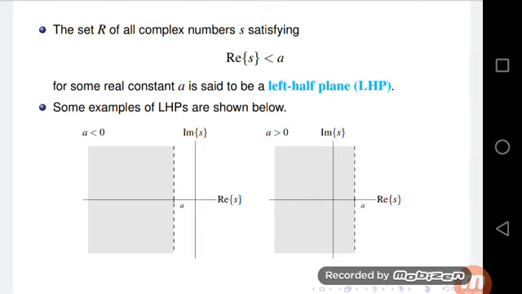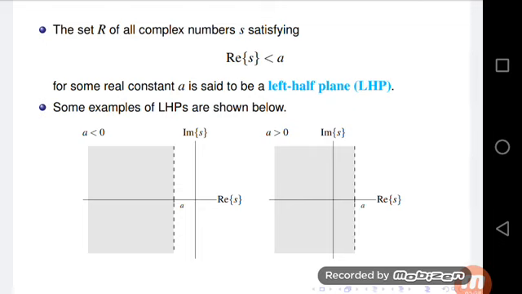When we observe the diagrams, a less than 0, a greater than 0. In the condition a less than 0, the occupying space is entirely located on the side of the left hand plane, LHP.